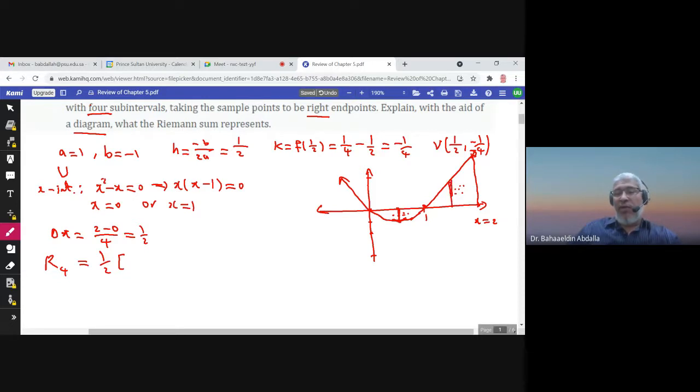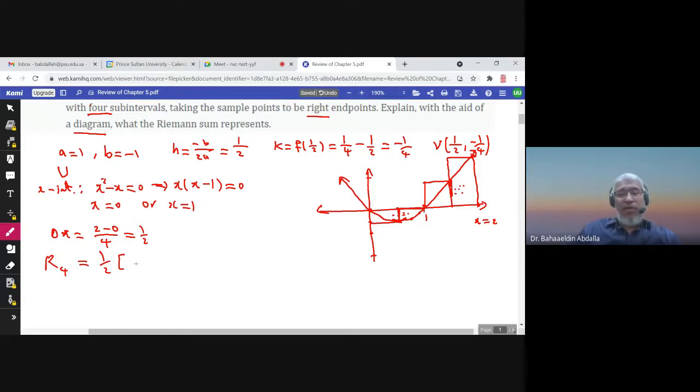Now, if we use the right endpoints, this would be the first rectangle, and this would be the second, and this would be the third, and here the rectangle would be just a line, nothing, because we will use the right endpoint.